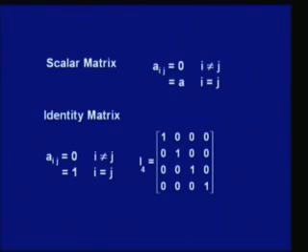So I4, that is an identity matrix denoted by I, and 4 represents its order. So I4 is an identity matrix of order 4. It has 1 as the diagonal elements and all other elements are 0. So this is an identity matrix.